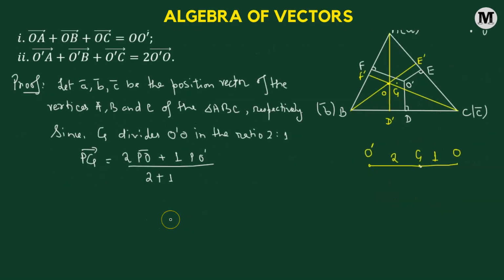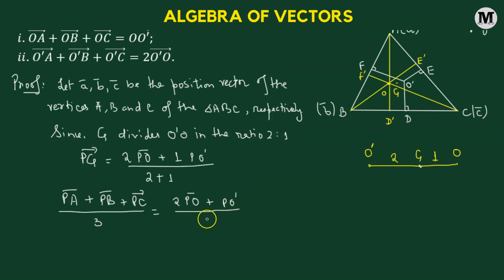Fine. Now, what is PG vector? PG vector is simply the position vector of the centroid, and we know by definition that the position vector of the centroid in terms of the position vector of the vertices is simply going to be PA vector plus PB vector plus PC vector whole divided by 3. This will be equal to 2 times PO vector plus PO prime vector divided by 3.